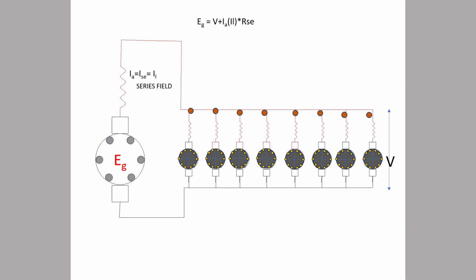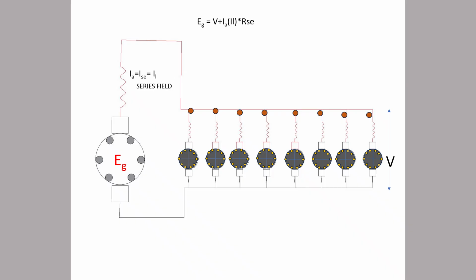So when the commutator is run by a prime mover and the series field induces voltage in this generator, and when the speed rises, the generator voltage will be more. Here the armature current, series current and the DC motor load current are all the same.